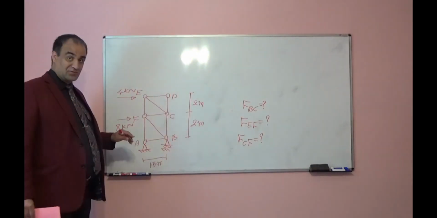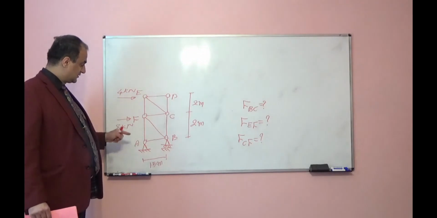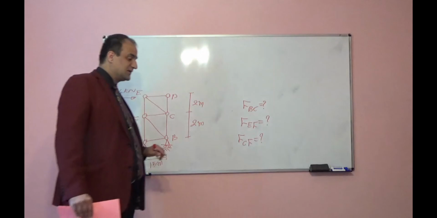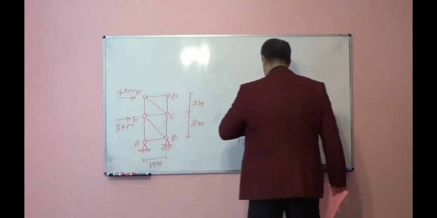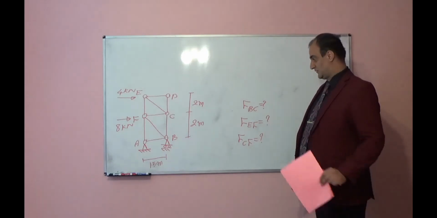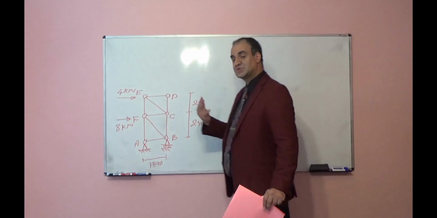So this is your homework problem. You have this truss, 8 kilonewton, 4 kilonewton, joint A, B, C, D, E, F. Find internal force in member BC, EF and CF, and find zero force members for this. And solve this truss using two different methods.